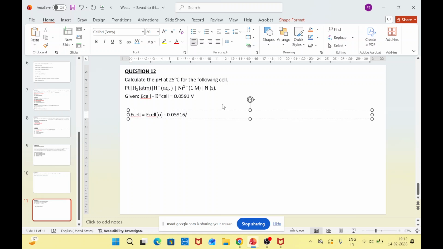But if the cell is operated at a different condition, then T will change, so this value will also change.